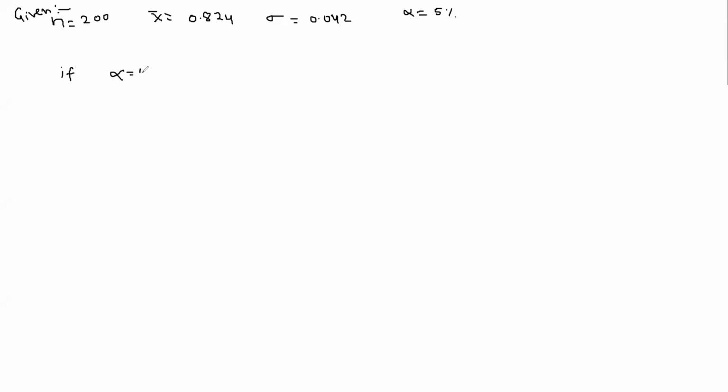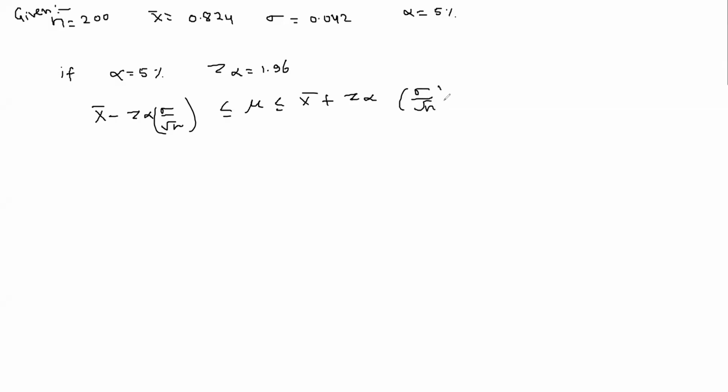If alpha is equal to 5%, z alpha will be 1.96, right? So first we calculate what? X bar minus z alpha into sigma upon root n.